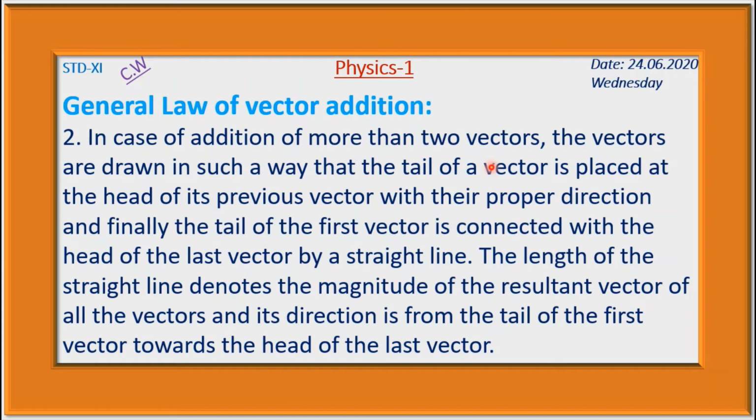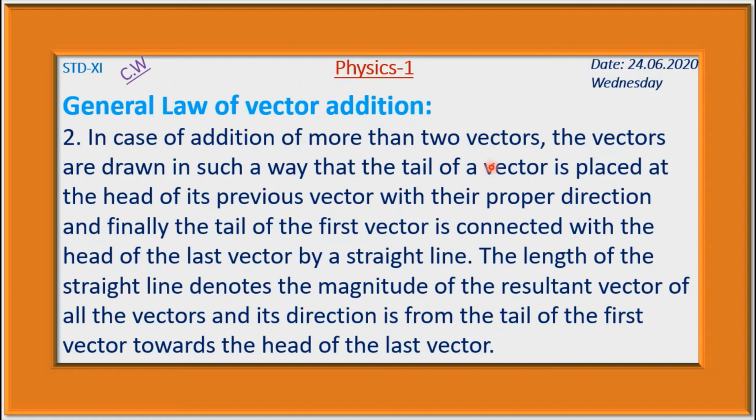That is, if we want to add more than two vectors, then we have to connect all the vectors one after another without changing their direction. That is, the head of the first vector is connected with the tail of the next vector.